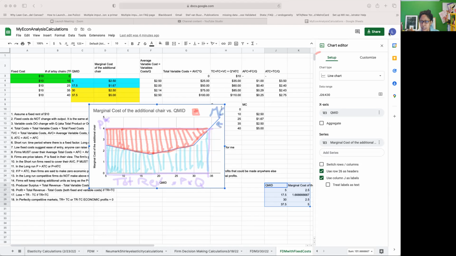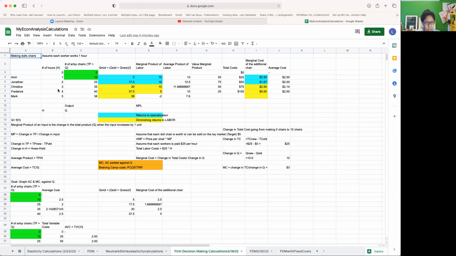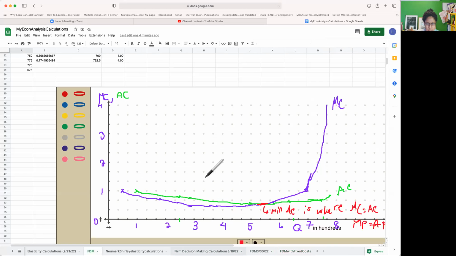Okay. And so let's actually do another example of that. Again, let's go back to our old spreadsheets here. I'm going to use a different example.